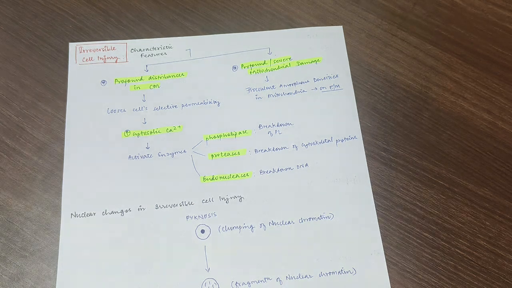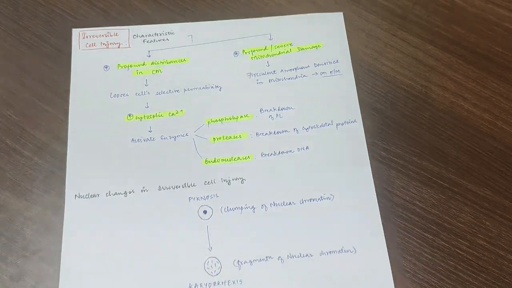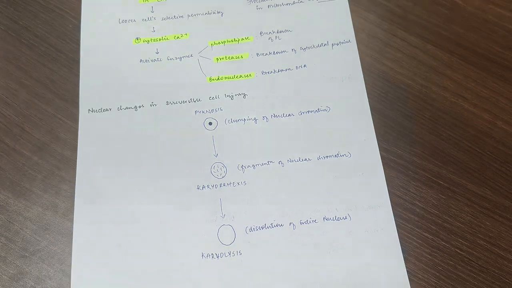Next is proteases. What do proteases do? They break down the cytoskeletal proteins which maintain the skeleton structure of the cell. That's why they are called cytoskeletal proteins. Next is endonucleases. They are present inside the nucleus. What is present inside the nucleus? That is DNA. So they break down the DNA. These are the three things you must never forget in irreversible cell injury.